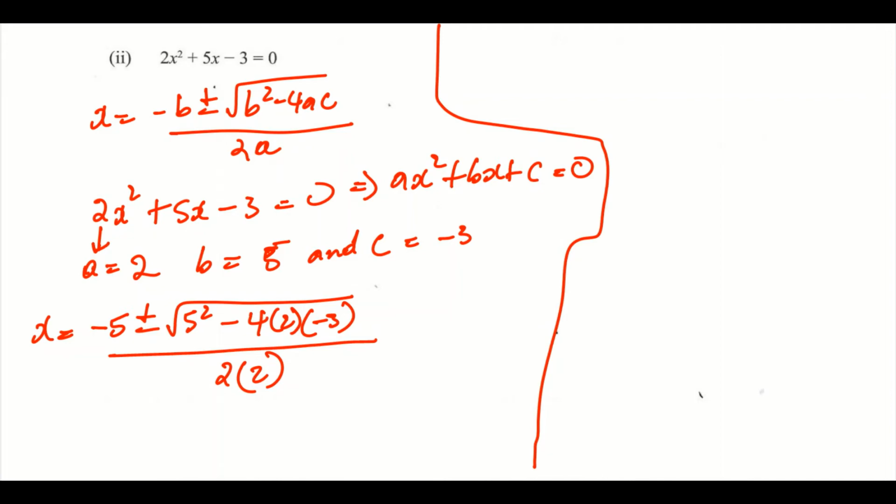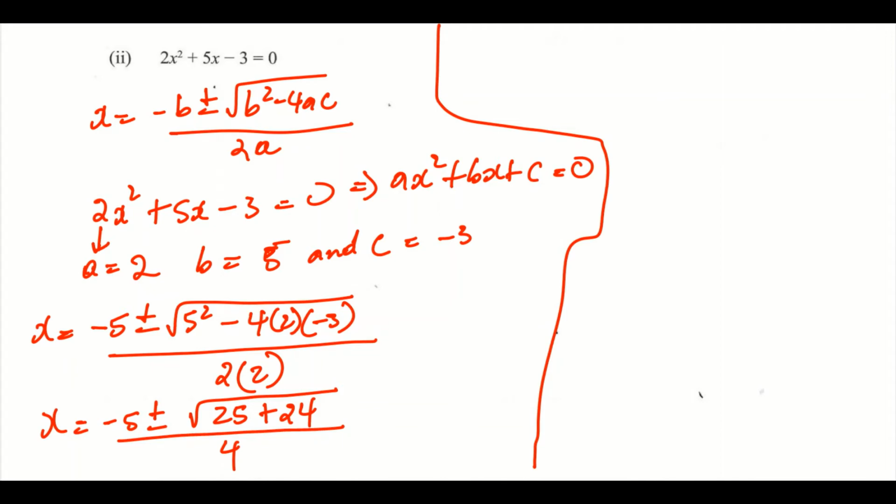So let's clear up now. X is equal to minus 5 plus or minus. So 5 squared is 25, and we have negative 8 times negative 3, so we get positive 24, all over 4. 2 times 2, 4.